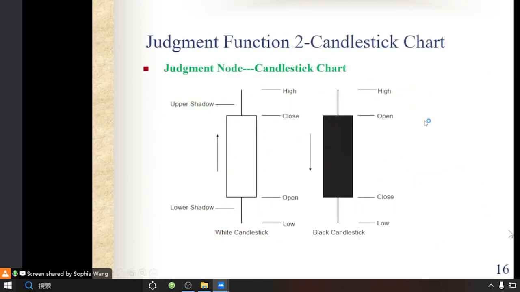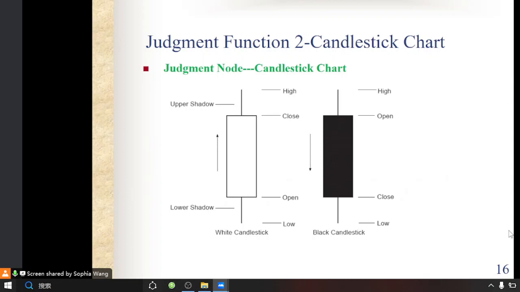And also in this research, we use the candlestick chart. This is also very typical, right? We use the information from the candlestick chart and put this information into the judgment node, and it will help us determine when I should buy or sell.